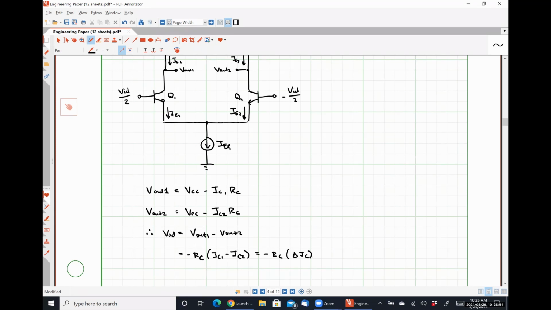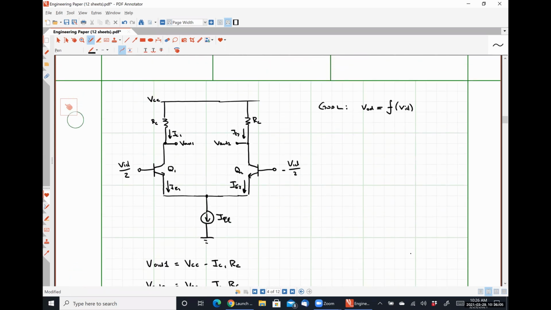All right. So our output relationship to this point has nothing to do with our input voltages whatsoever. So I'm going to add another step to our goal. Okay, it's going to help us along the way.